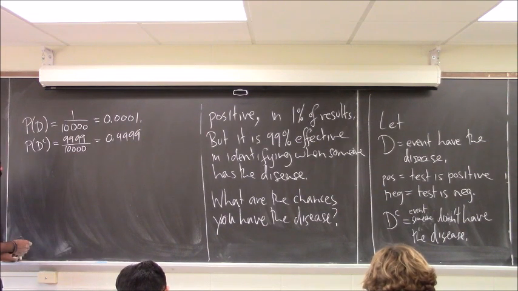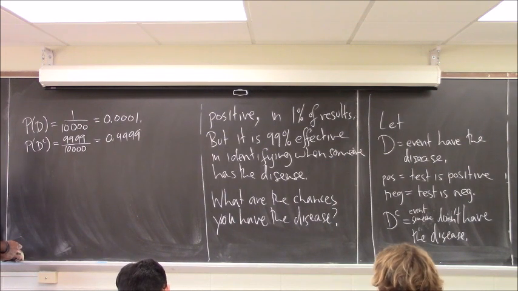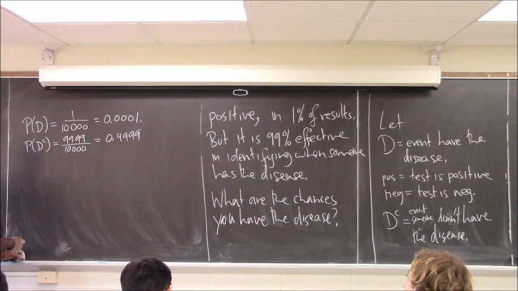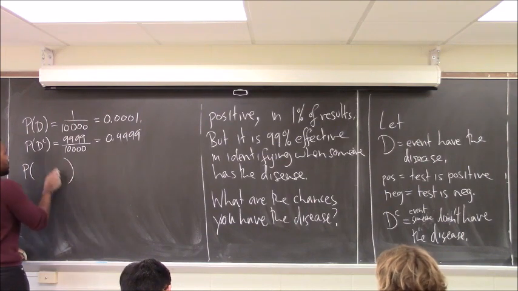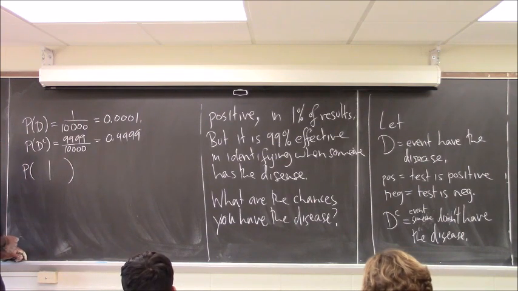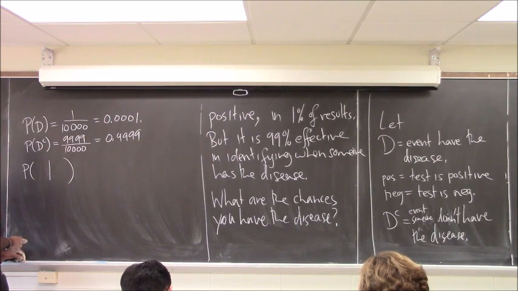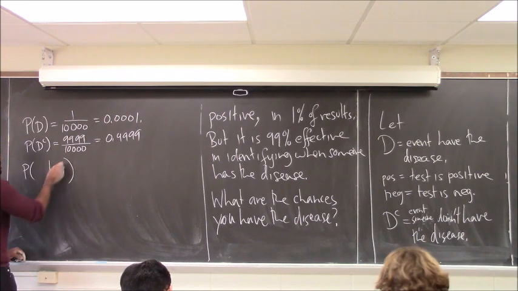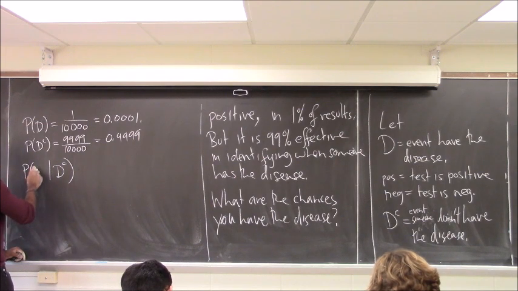What else do we know from this? We know we get 1% false positive. What does it mean to have a false positive? It's a conditional probability: given that you don't have the disease, the test comes back positive.